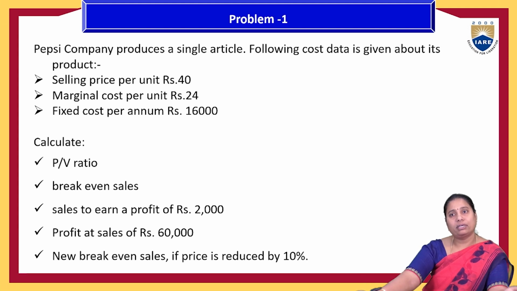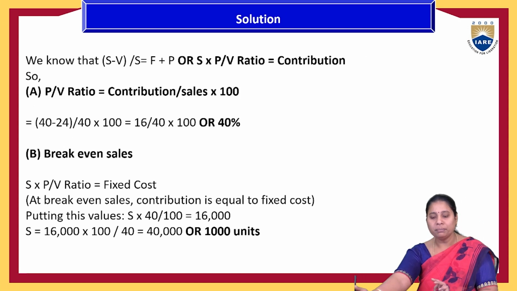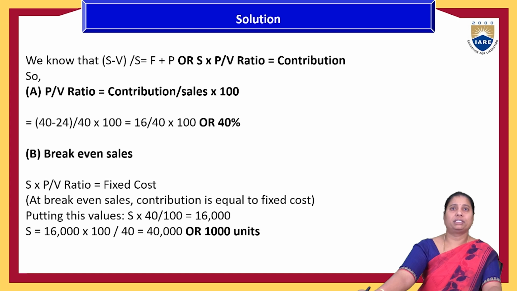And now let us look at simple problems related to break-even. Pepsi company produces a single article. The following cost data is given about its products. Selling price is 40, marginal cost per unit is 24, fixed cost per annum is 16,000. We need to calculate the P by V ratio, break-even sales, sales for earning a profit of 2,000, profit at sales of 60,000, and new break-even sales if the price is reduced by 10%.